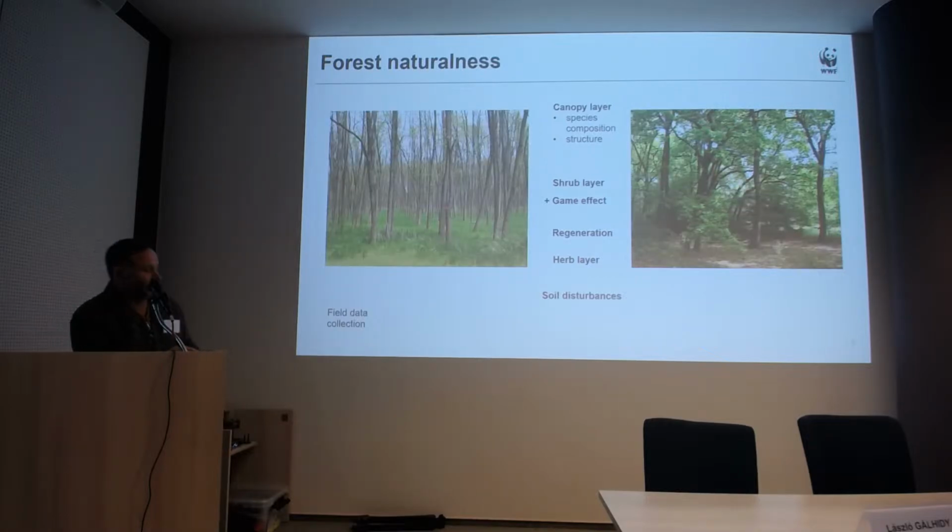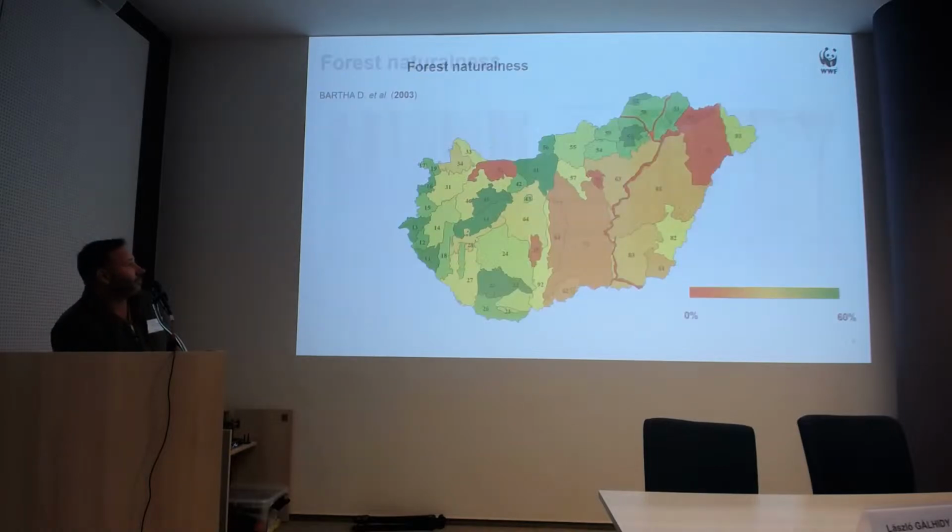So, for example, in the lowlands, you can find stands really side by side. This is a remnant of a lowland Pannonian oak forest, and the next one is a typical plantation, and you can compare the naturalness of these stands pretty easily with these variables.